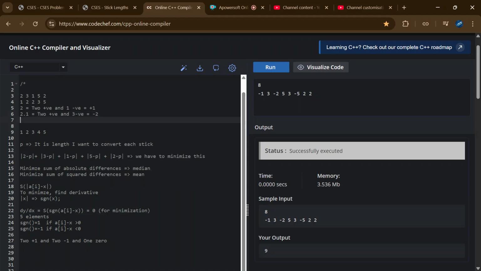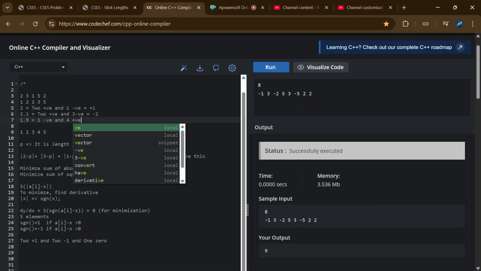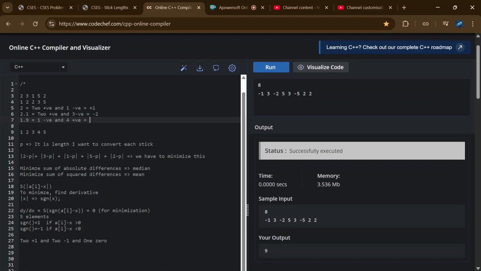Okay, and what if I have 1.9? It's like tending to 0 but a little less than, like you have studied in limits. So if we take our median as 1.9, we will have one negative and four positives, making that plus 3.